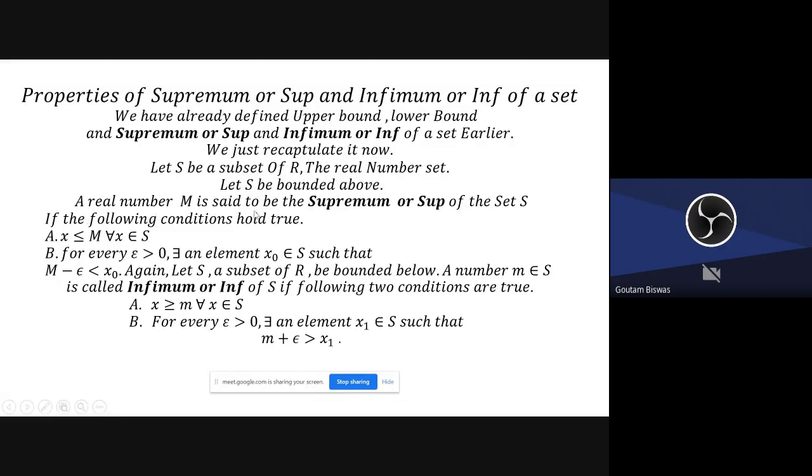A real number M is said to be the supremum or SUP of the set S if the following two conditions, A and B, hold. Remember this.